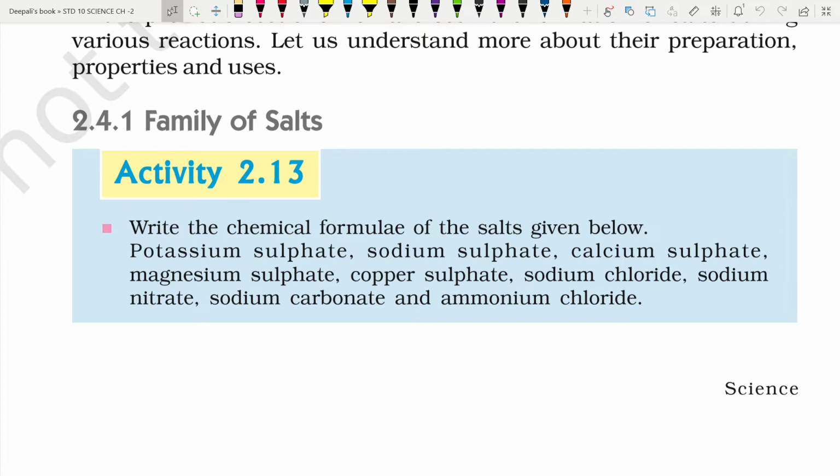Potassium sulphate, that is K2SO4. Sodium sulphate, Na2SO4.